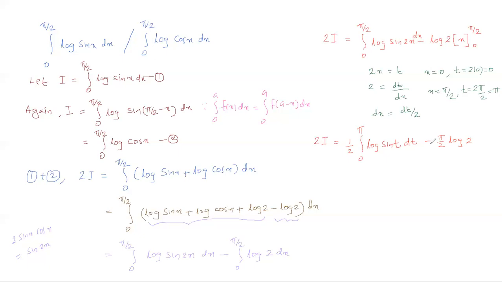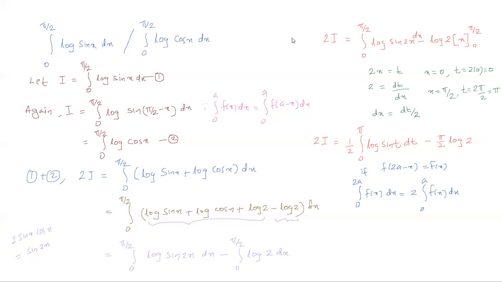Now we had a formula: if f of 2a minus x is equal to f of x, then integral 0 to 2a f of x dx can be written as 2 into integral 0 to a f of x dx.